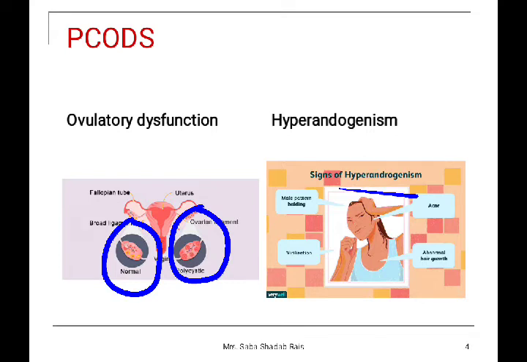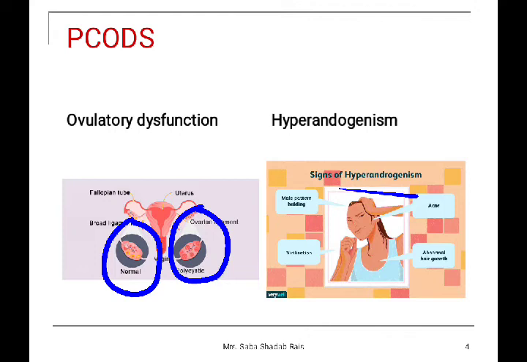Now what are the signs of it? First, the most pathetic sign is virilization, that is, you can say the maleness type of thing. Then male pattern baldness will happen, acne will happen. Then you will also observe abnormal male-like hair growth on the body parts, especially near the breast region.